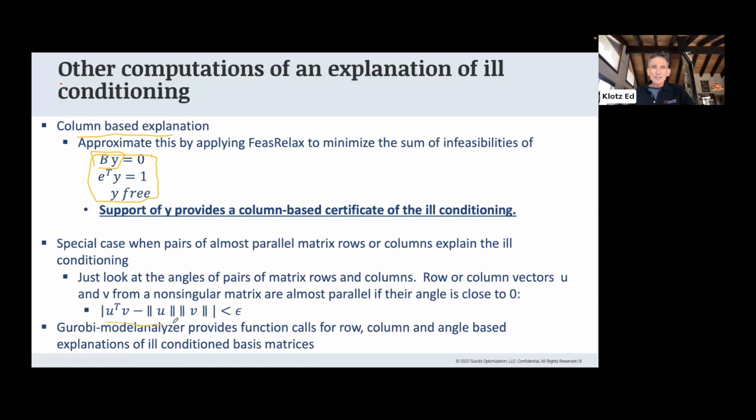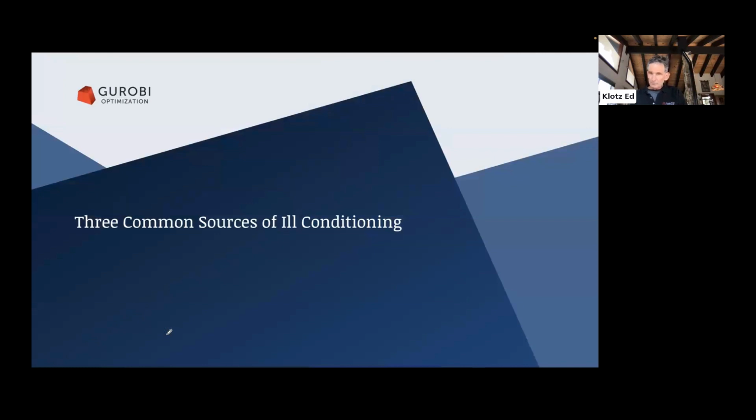And that can be expressed as this condition here involving the difference between the inner product of two rows or columns and their norms, and having it be non-zero but small. And the gurobi-modelanalyzer package that we're going to discuss provides functions to easily find either row, column, or angle-based explanations for ill-conditioned basis matrices.